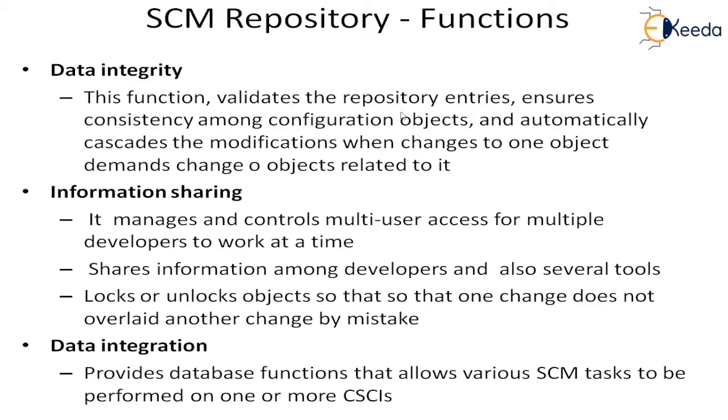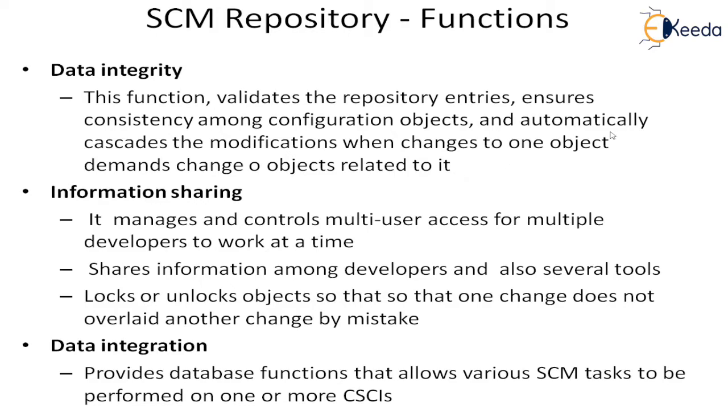Each time you enter something, you release something to the repository, it will validate it, and it will ensure the consistency among the configurable objects, and automatically cascades the modification when changes to one object demand changes to objects related to it.